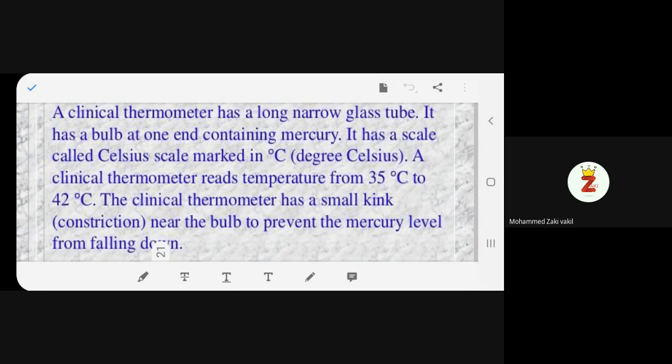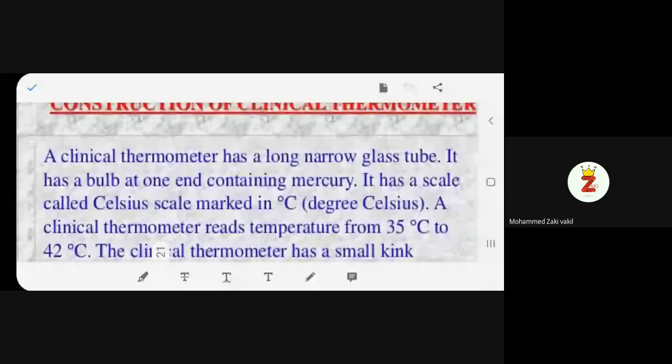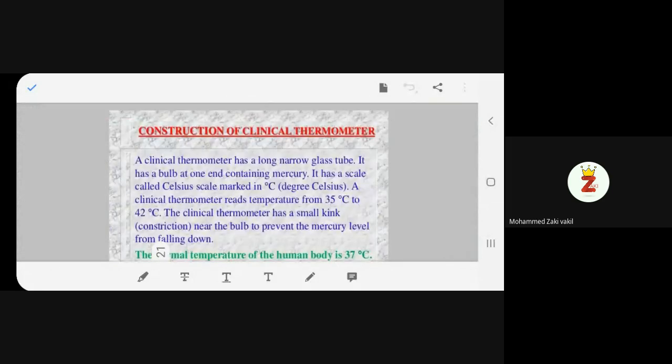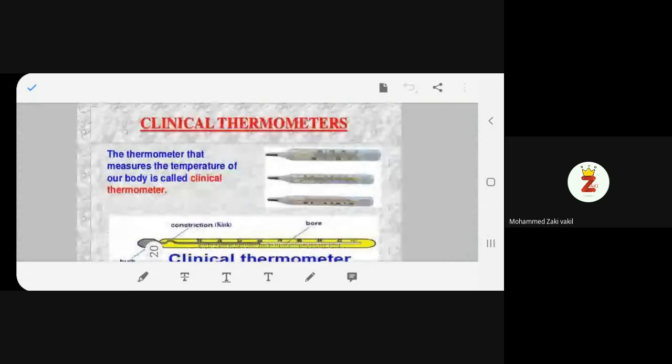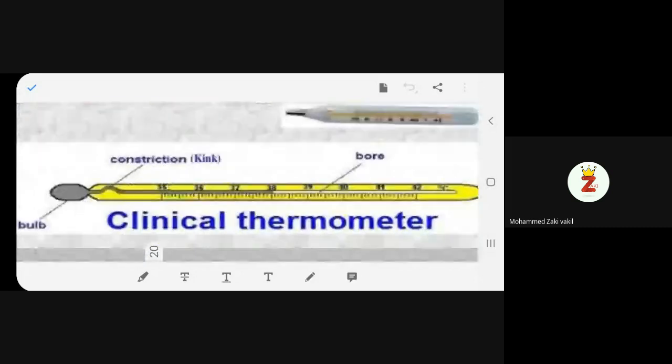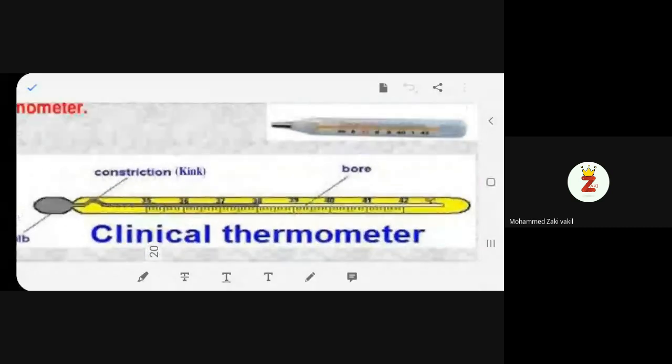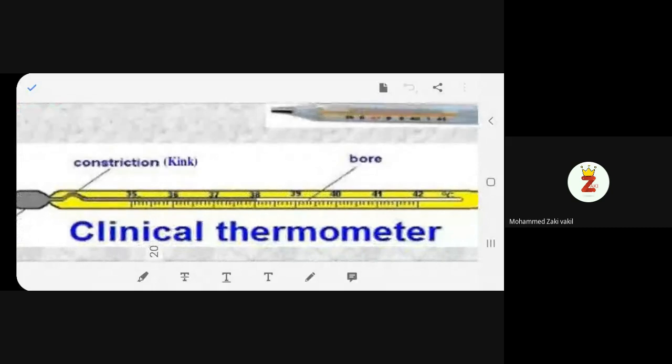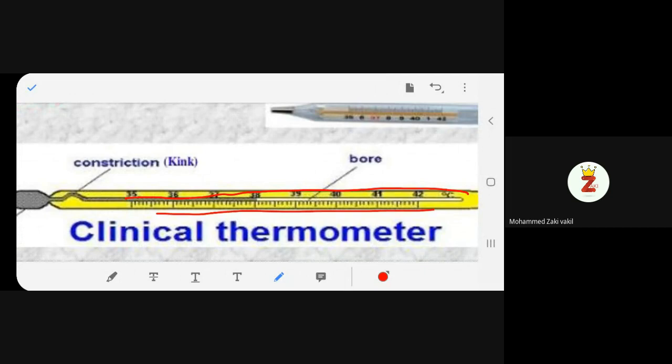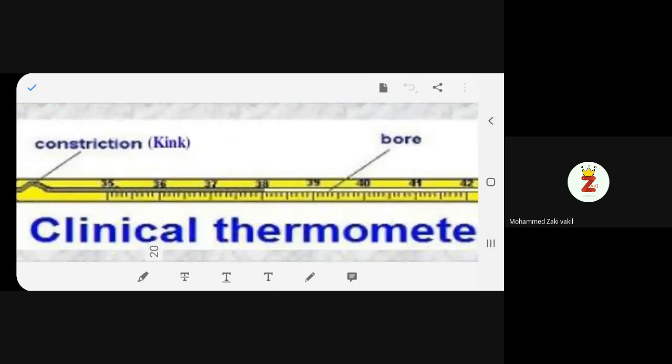So, how is it made? It's a long, very fine glass tube. At one end, it has a bulb, which has mercury in it. And the Celsius scale is there. Can you see this? It's a very narrow glass tube, and the markings are all in Celsius.